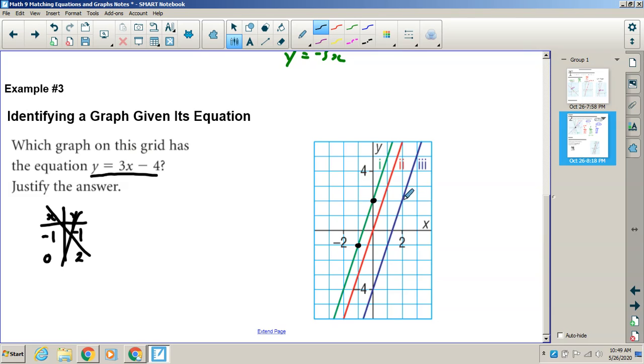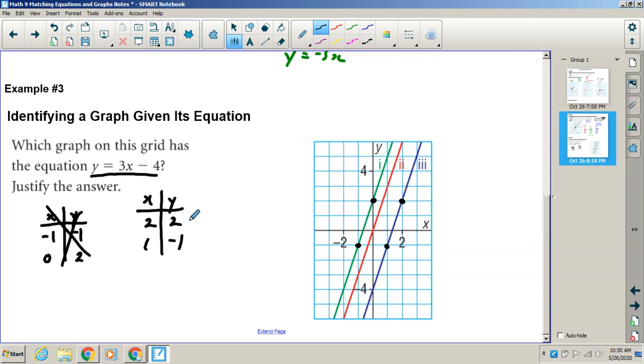Let's jump over to this one and let's test here. And let's test this one right here. So if I did this ordered pair, x, y, and this one is 2 and 2. And this one is 1 and negative 1. And I have my equation, and if I go 3 times 2 is 6, minus 4, does that equal 2?